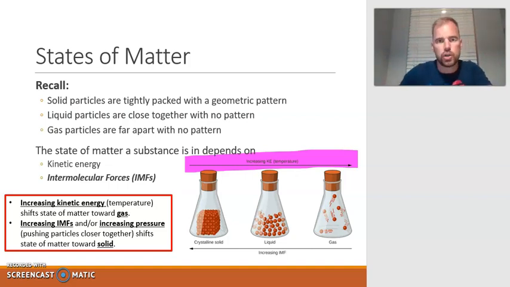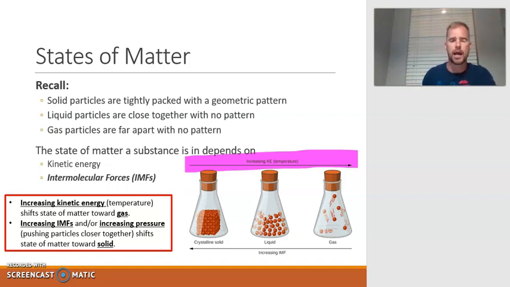But we're also going to learn that there's something else that can dictate what state of matter something might be in, and that is intermolecular forces. Intermolecular forces actually tie in with the whole idea of increasing kinetic energy, but they are another factor we have to take into consideration to predict what state of matter a potential substance might be in. Here's why.